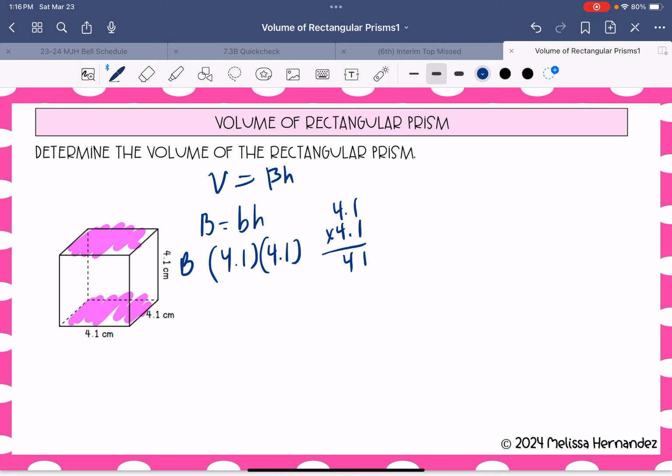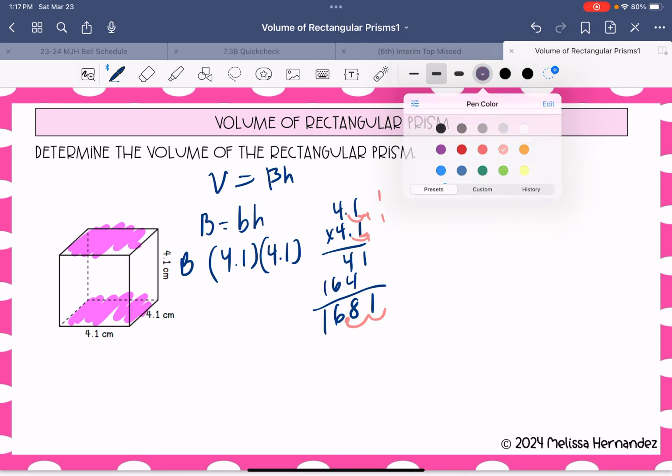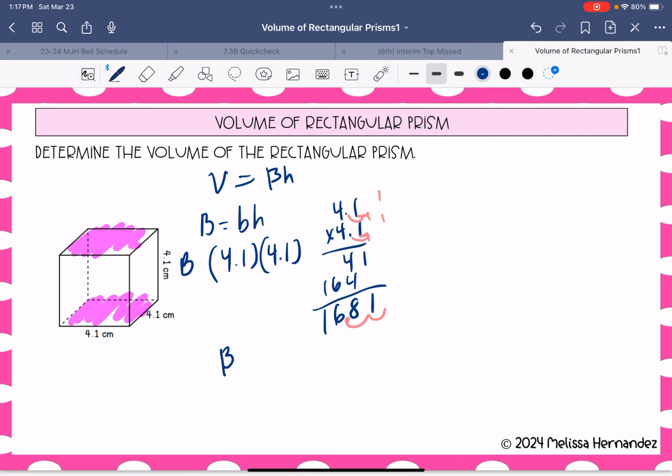Our first number had one decimal place, and so did the other. So 1 plus 1 is 2. So that means I have to put 2 back in. So the area of my base is 16.81. I'm not done. I actually need to plug this in.